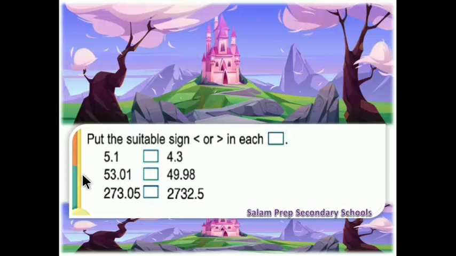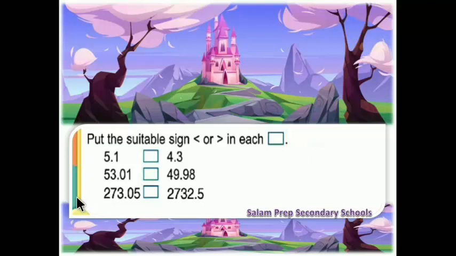The next one, 53.01 and 49.98. We need to look at the whole number. 53 is greater than 49.